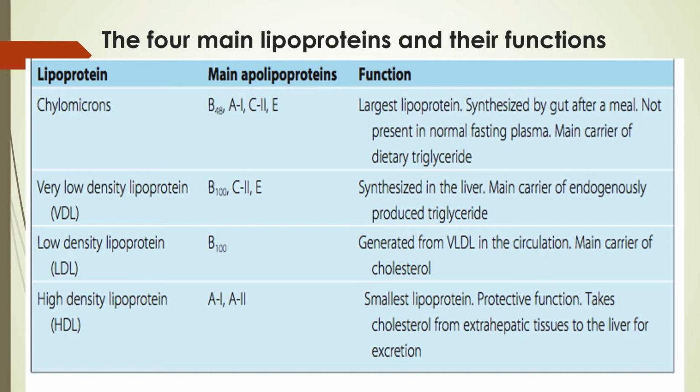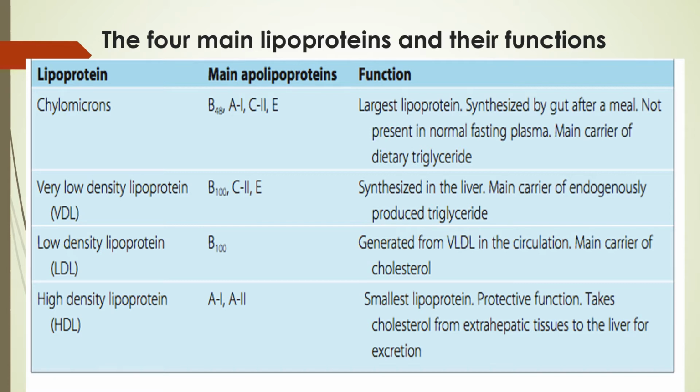They differ in the site of synthesis, the apoprotein component, and function. We have the chylomicrons that are synthesized in the small intestine, very low dense lipoproteins synthesized in the liver, low dense lipoproteins which are synthesized in the circulation, and deliver cholesterol to tissues.